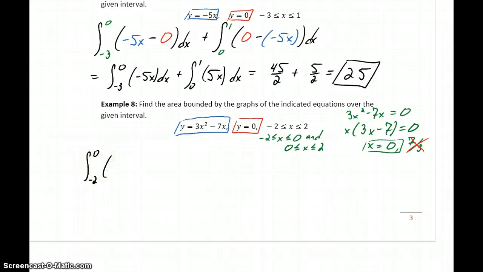And what we'd see is that on the interval from -2 to 0, 3x squared minus 7x takes on the larger function values. And then on the interval from 0 to 2, y equals 0 would take on the larger function values.